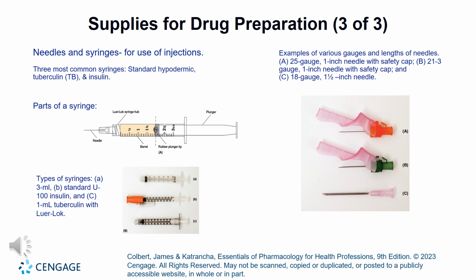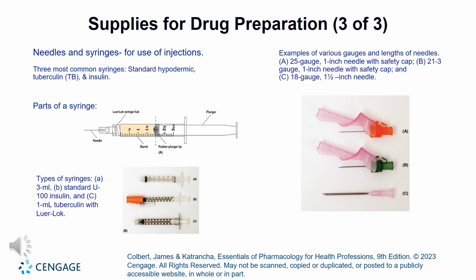These images show needles and syringes that are used for injections. The most common syringes are your standard hypodermic, tuberculin or TB, and insulin syringes. The top picture shows the parts of a syringe. You have your needle, the luer lock syringe hub, the barrel, rubber plunger tip, and the plunger of your syringe.